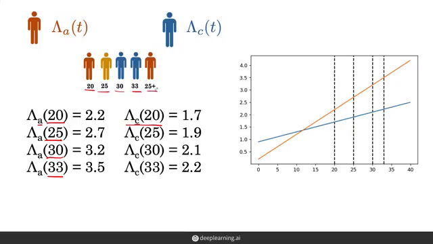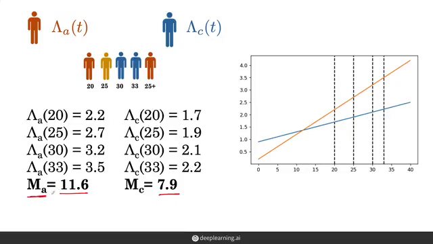Notice that we're not using this patient here because we don't observe their event time, we just observe their censoring time. And now that we have these 8 numbers, what we can do is sum up each of these columns to arrive at what's called a mortality score.